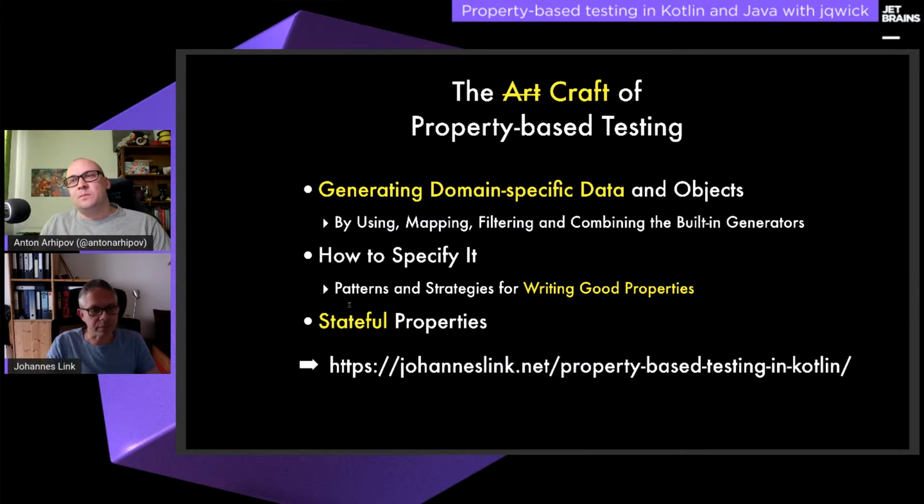But you do not have to start from scratch; there are quite a few patterns and strategies for writing good properties. You find all that, or links to it, in this article I posted down here about property-based testing in Kotlin, and it gives you the necessary links to where to go from here.